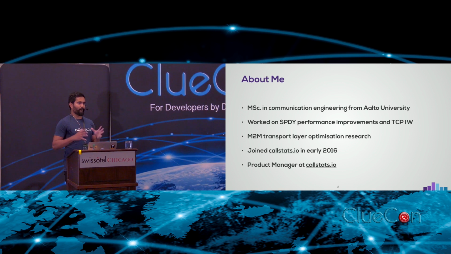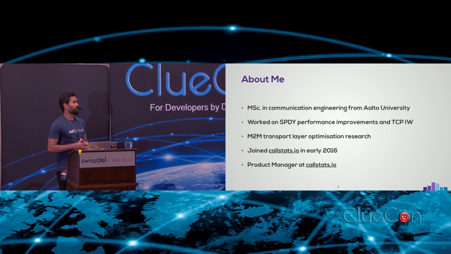A little bit about me. Travis already gave a glimpse of who I am, but I'll give a brief intro. I did my master's in communication engineering from Aalto University, Finland, the land of Nokia and Linux. I started working on Speedy and its performance impact on real-time communication. That Speedy was later converted to HTTP 2.0. I also worked on the TCP initial window 10 impact on real-time communications.